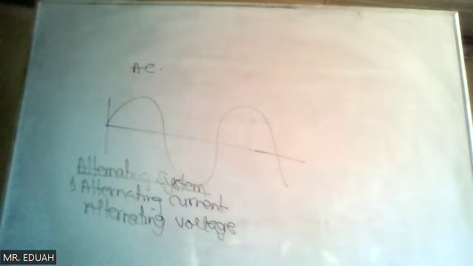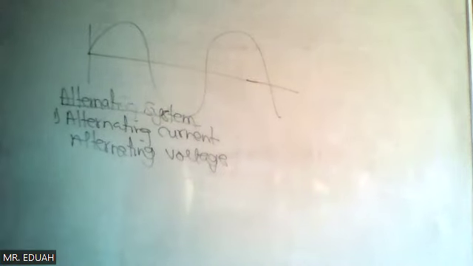So for alternating systems, we are referring to this. Because it's the motion of current in a conductor, a simple harmonic motion, we represent alternating voltage and current by a sine function, sinusoidal.